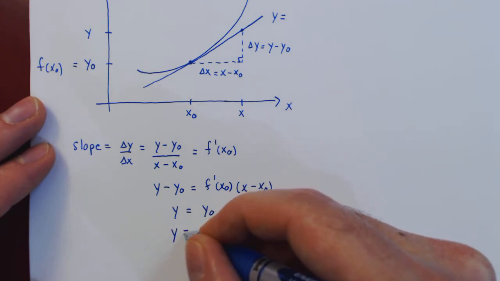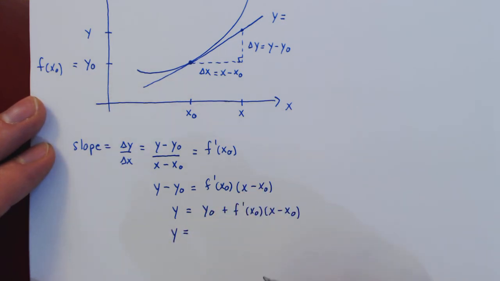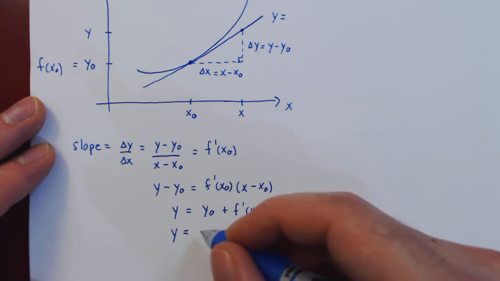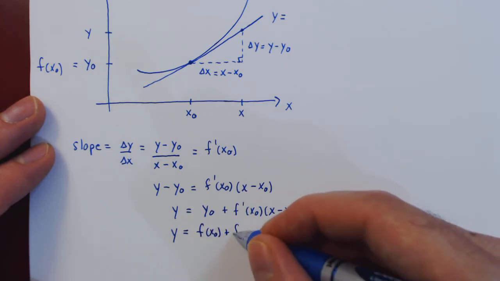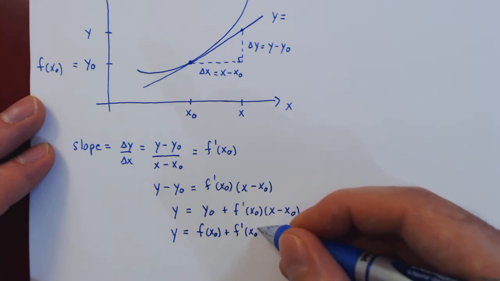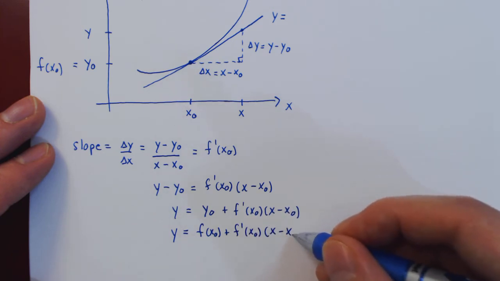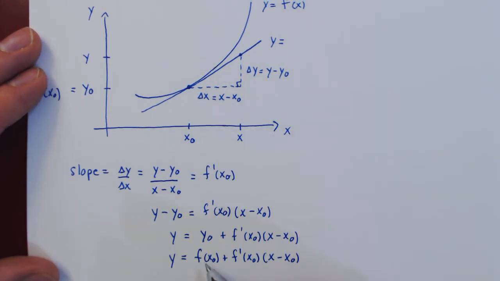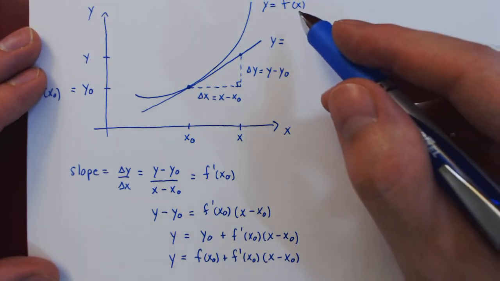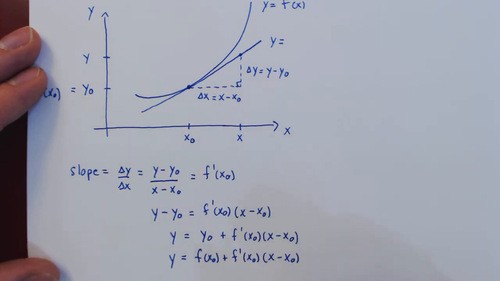So the equation of the tangent line to the function f of x at x0 is given by f of x0 plus the derivative of the function at x0 times x minus x0. So we now have found the equation of the tangent line to f of x at an arbitrary point x0.